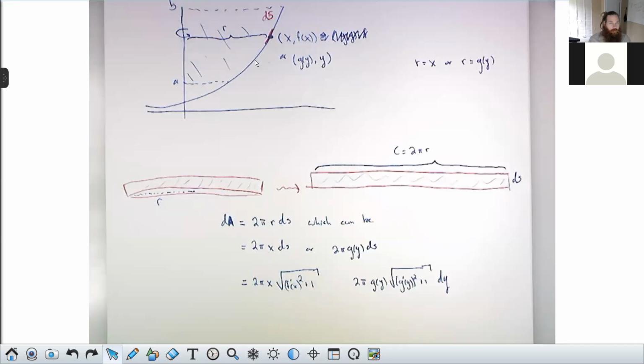Or if I was given this curve in terms of y, I would say r is this horizontal distance, which has to be g of y. Again, it's the x coordinate that's giving it to me. It just depends on how the point is characterized. So I could write r as this if I had the variable x everywhere, and I could write r as this if I had the variable y everywhere. And then use the form of ds that matches with the variables that you have.